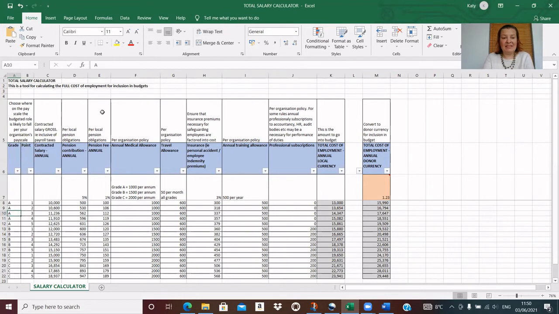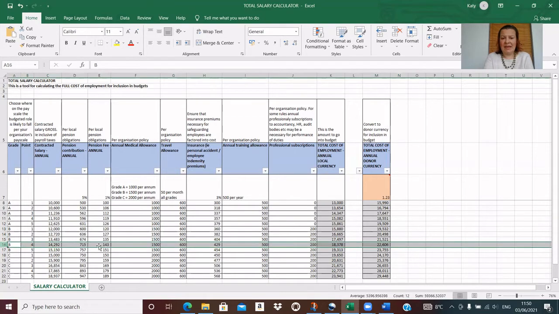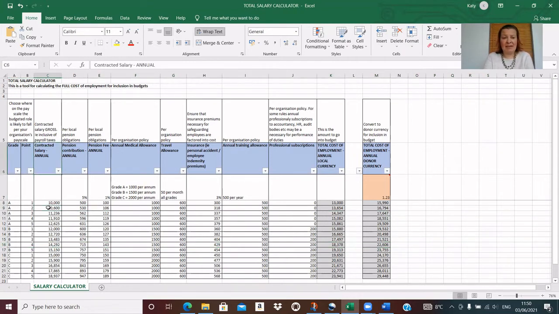So here in this example, we have our grades here. And if we were putting together a budget, we'd be able to estimate what kind of grade we thought the role would be in and pick out the salary total to go into the budget. And we can see here that the total is made up of the contracted salary, which is our base point.